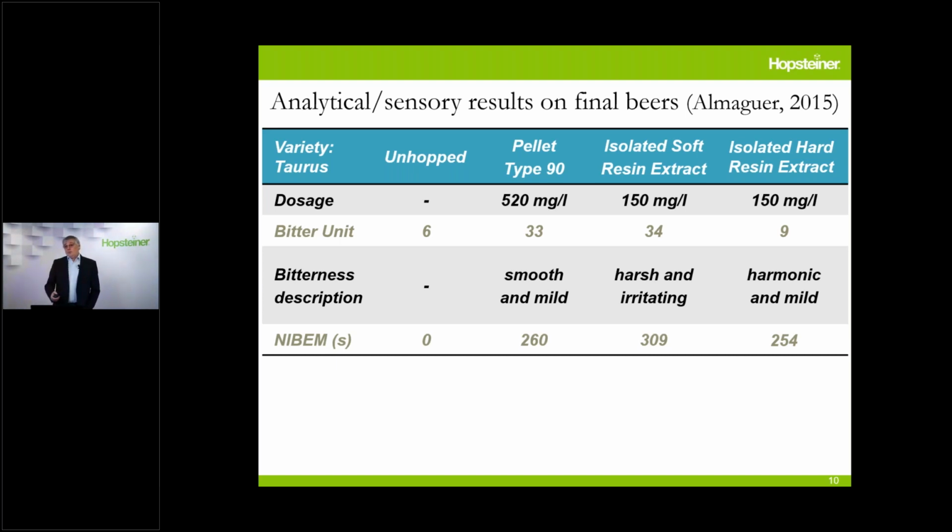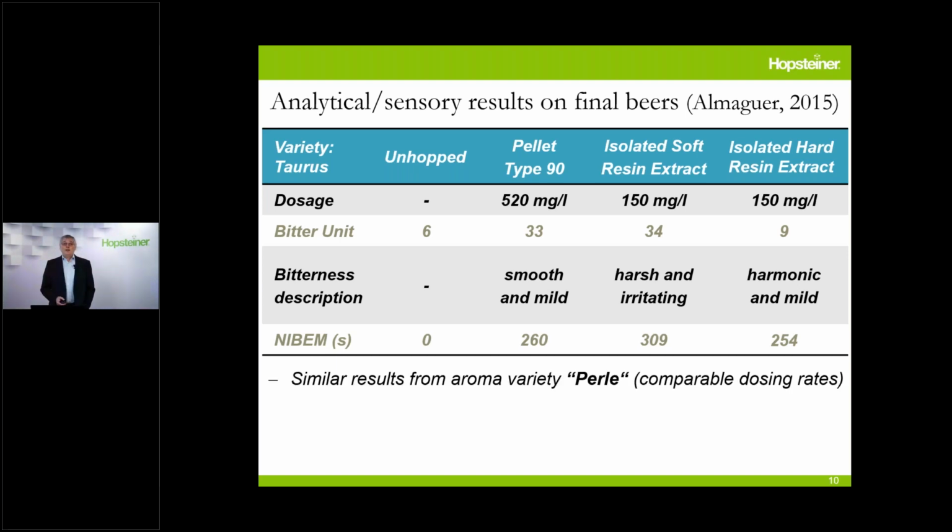So this is a very interesting and maybe surprising result. And this could be confirmed also with the aroma variety Perle, the same fractions, isolated soft resin and hard resin extract, dosed at comparable dosing rates, with similar results.